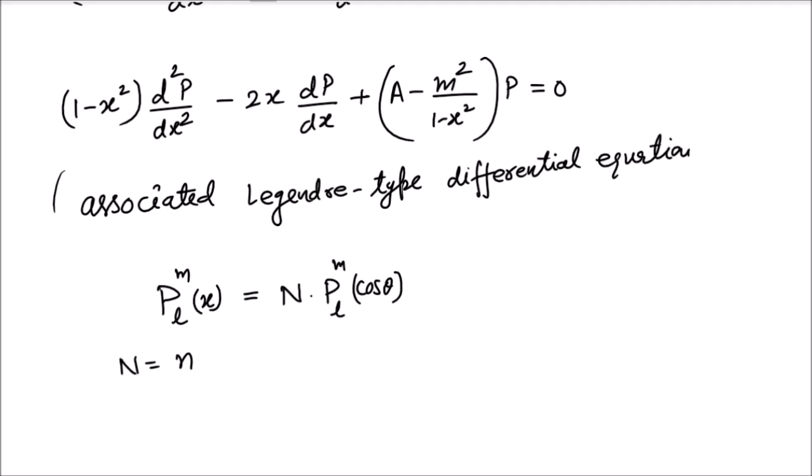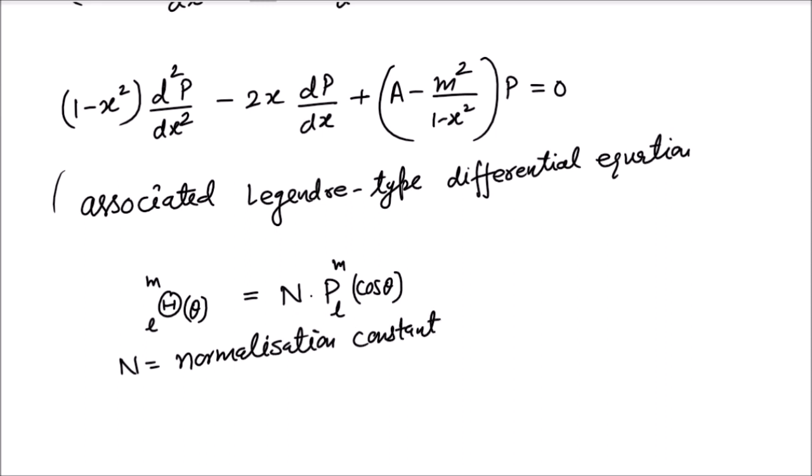N is the normalization constant, and that N in the rigid rotor we have done.